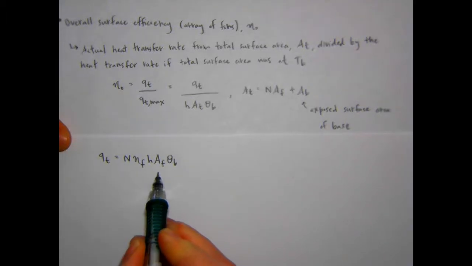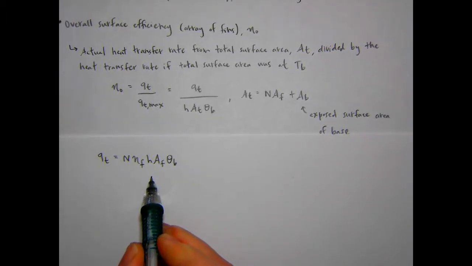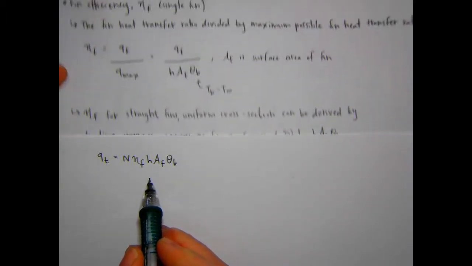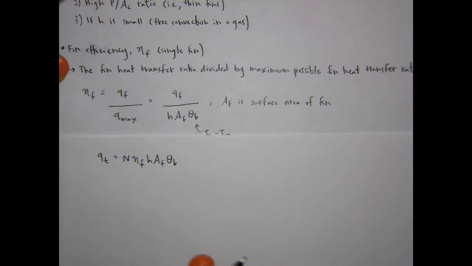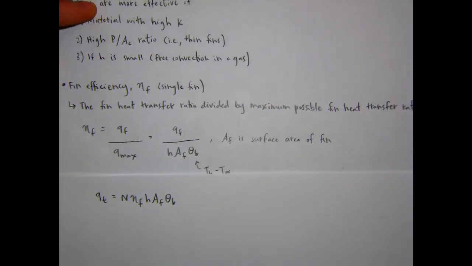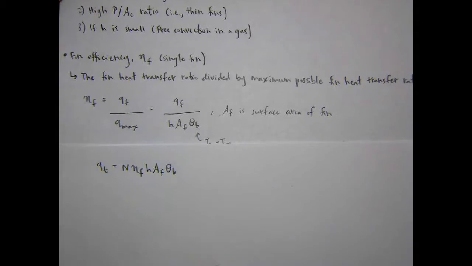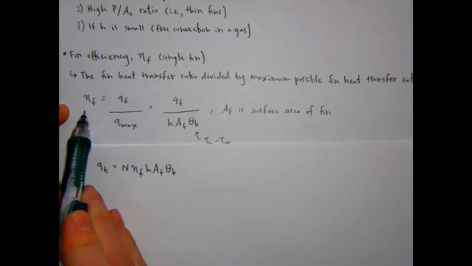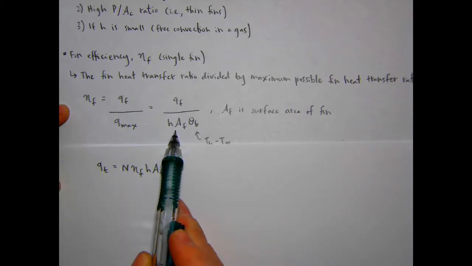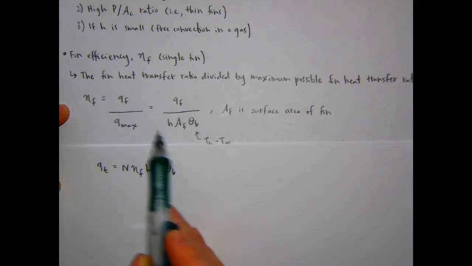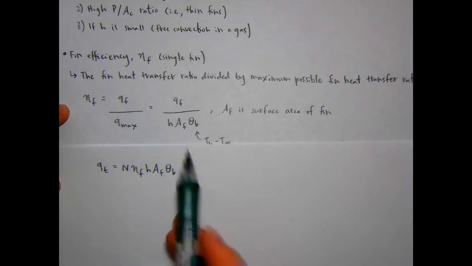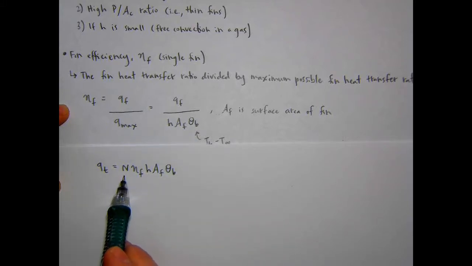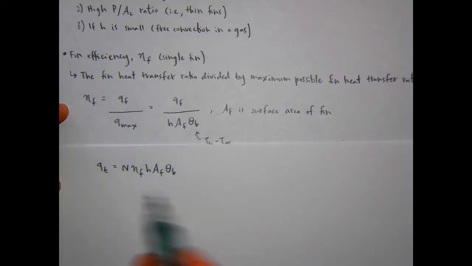So if you remember, this is just drawing on this equation for the single fin efficiency, which I'll pull back up here. So Q sub F from a single fin is just equal to the fin efficiency times h A sub F theta B. And then if we multiply that by the number of fins, then we get the heat transfer rate from all of the fins.